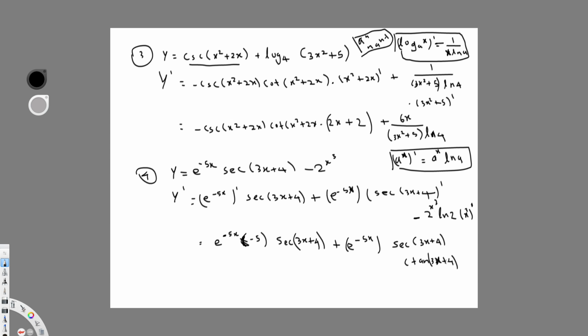And then we are not done here. This is the chain rule, right? So first I found the derivative of sec, then I have to find the inside derivative. If I do that, it's going to be 3 times 1, which is just 3. So we just multiply this one by 3.